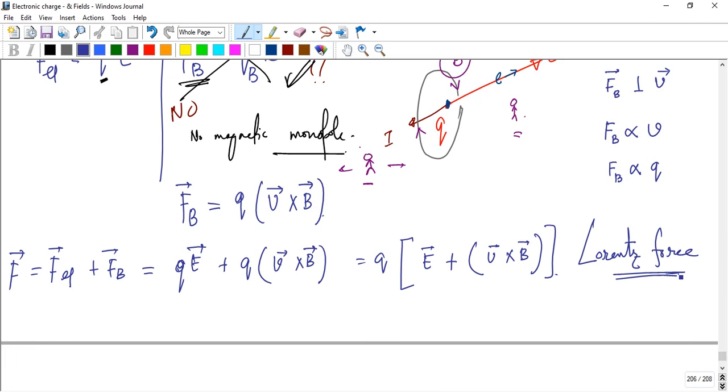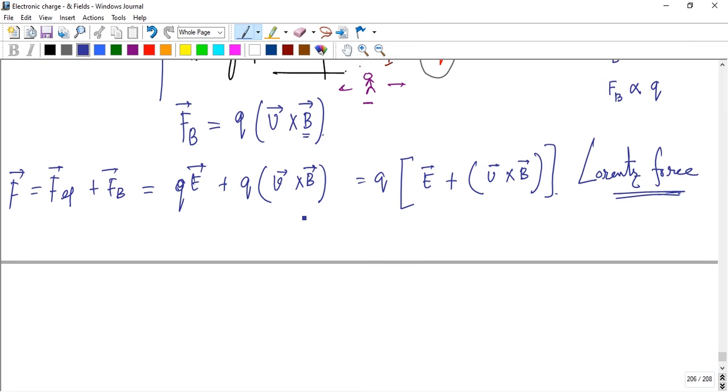Okay, clear. So B is the magnetic field. That's very important. So what is the SI unit of magnetic field? From this equation you can find the SI unit of magnetic field. Force is in Newtons, Q is in coulombs, and velocity is in meters per second.